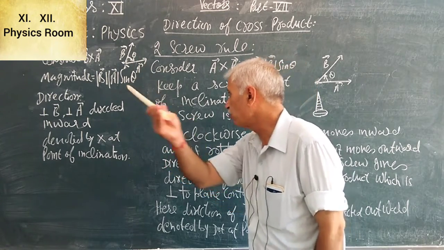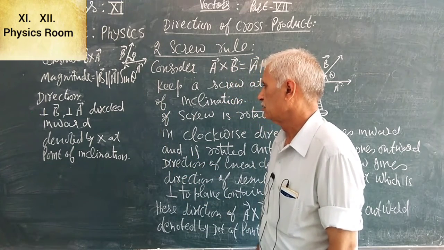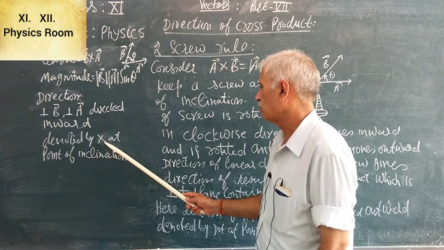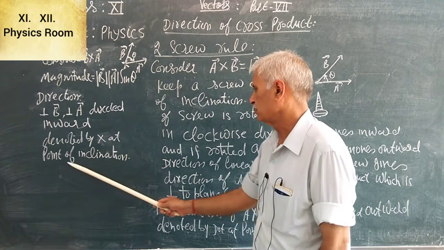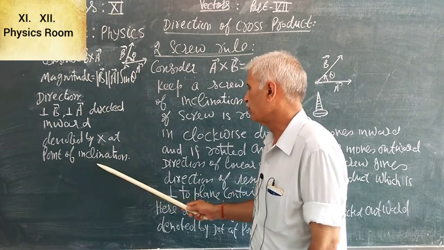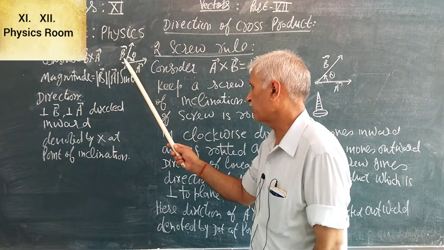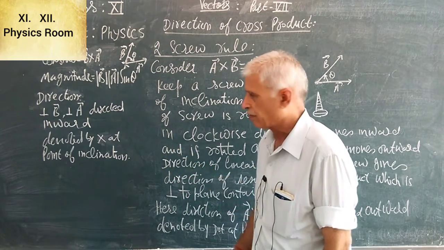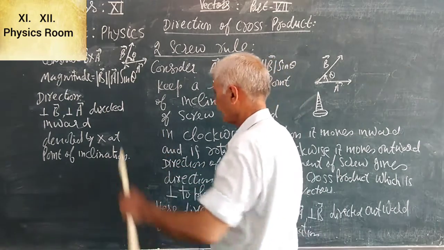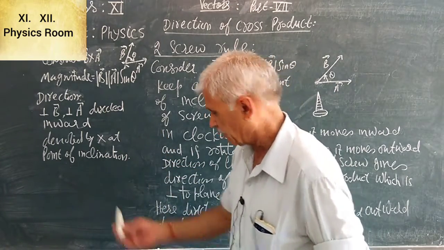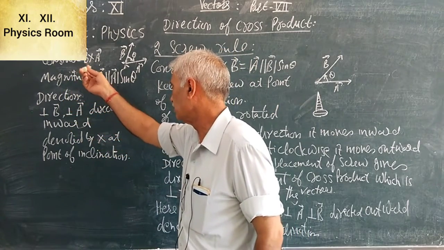The screw moves inward, and it is denoted by a cross at the point of inclination of the two vectors. So here the field is directed inward, like this.